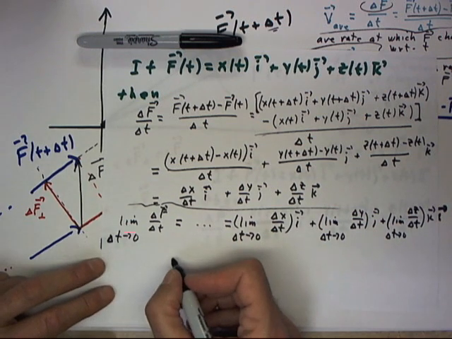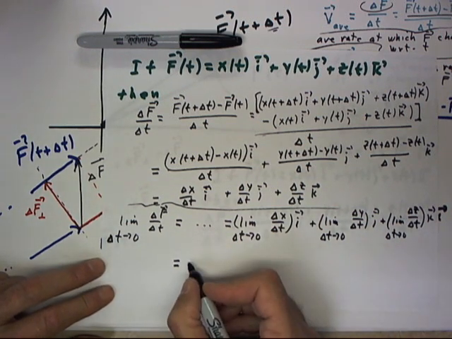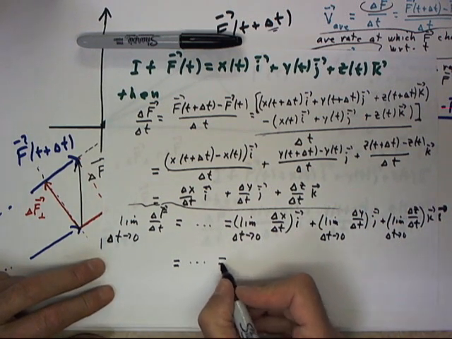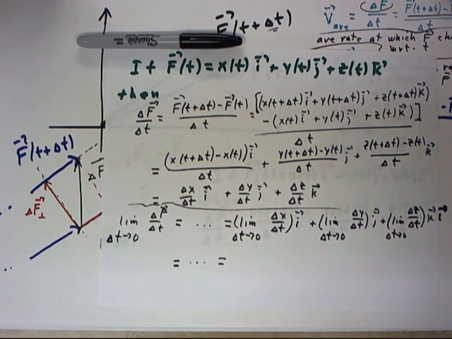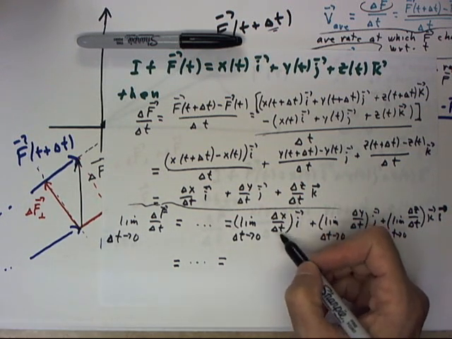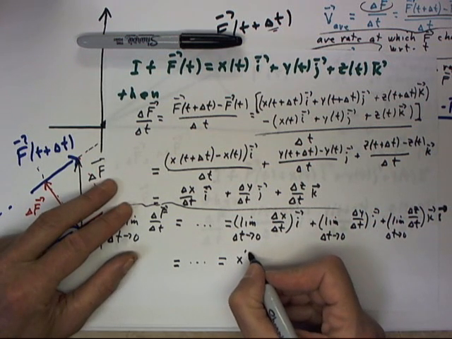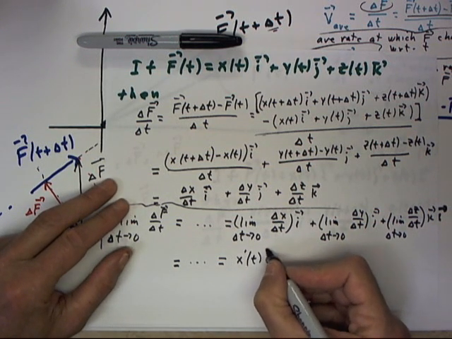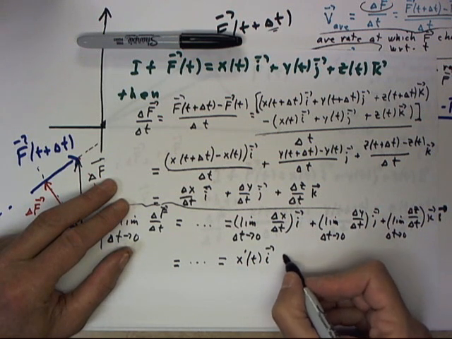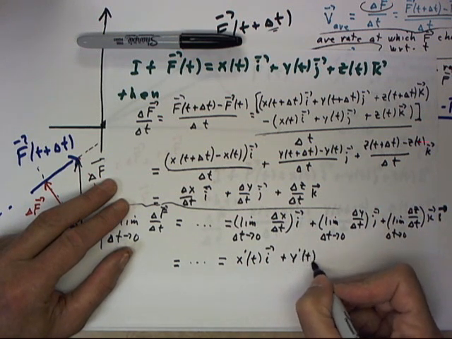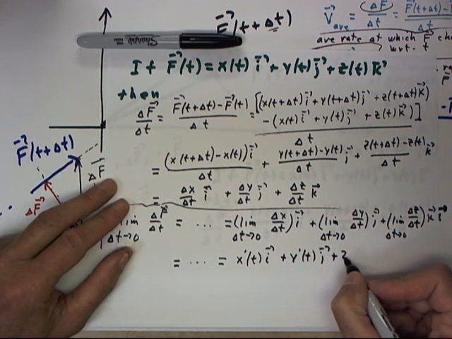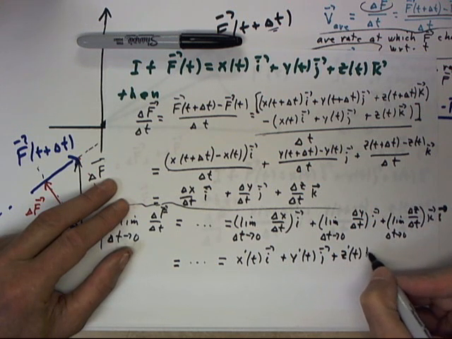Now, a little more hand waving here, but the limit as delta t goes to 0 of delta x over delta t is what? That's just x prime of t. So we have x prime of t i plus y prime of t j plus z prime of t k.